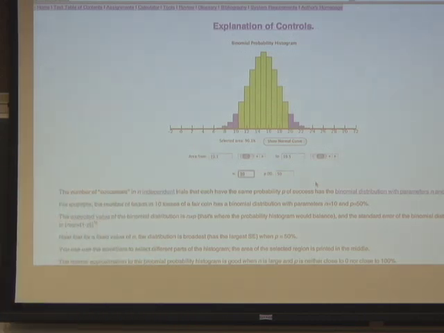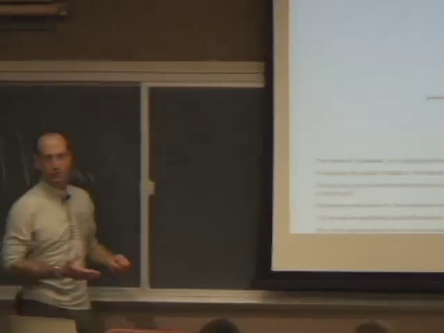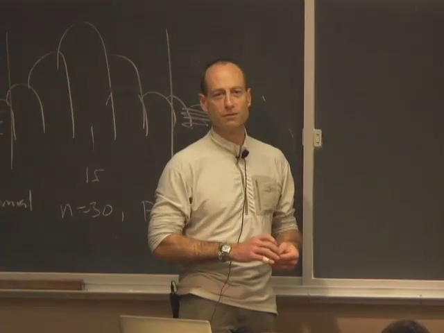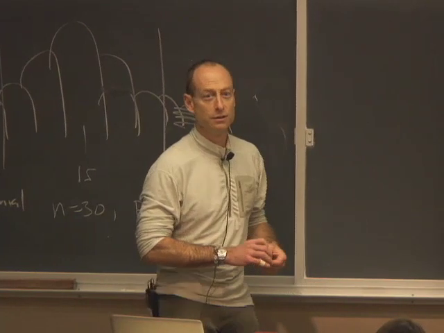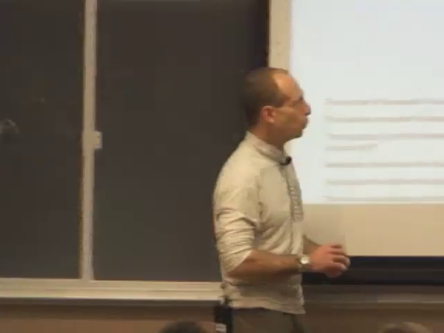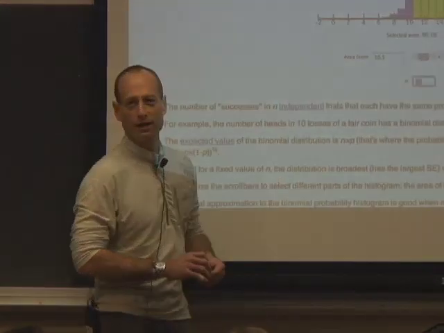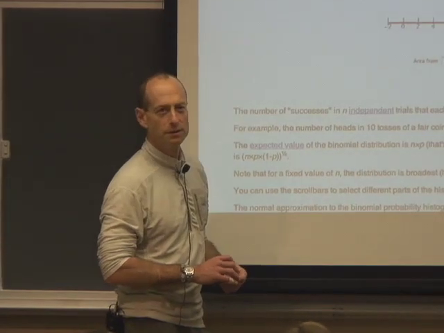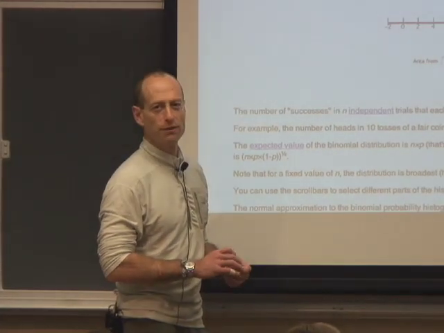Now we could ask, what's the power of that test against the alternative that the coin really only has a 30% chance of heads? How would I use this to find that? What's the event I'm trying to find the probability of?